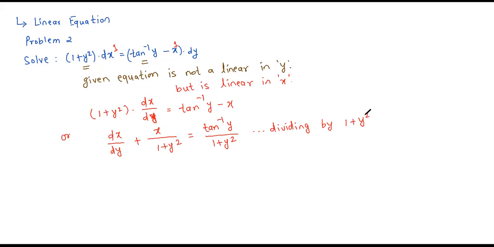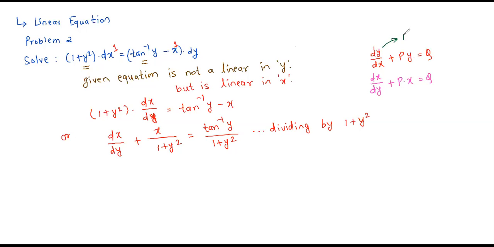Again our equation remains the same: dy by dx plus Py equals Q. This is the standard form. But now I will write the given problem as dx upon dy plus P times x equals Q.